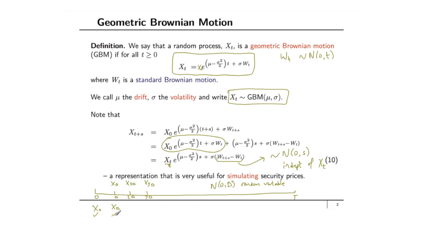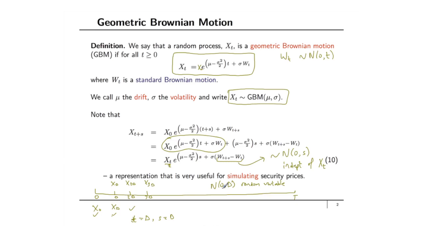You could then get X_2delta by taking t equal to delta and s equal to delta. So X_{delta+delta} is X_2delta, which is equal to X_delta times this quantity again. Again, to generate this term, you just generate a normal random variable with mean 0 and variance delta. So it's very useful for simulating a geometric Brownian motion.